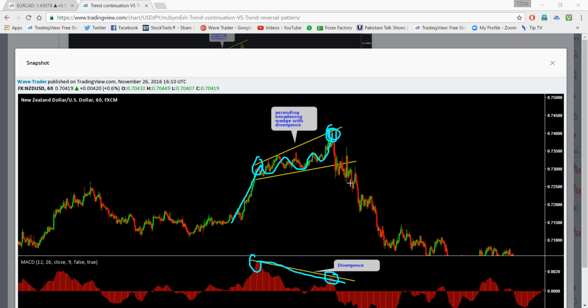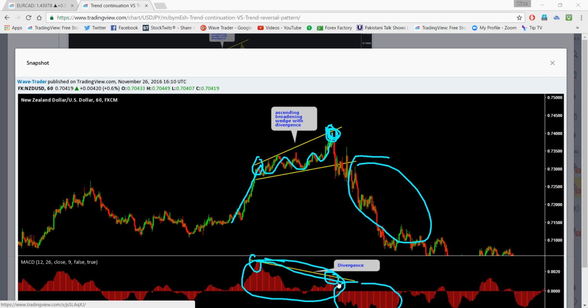So basically MACD is showing that price is going to reverse, and you are looking for this much potential to the downside, and looking to sell here. You can see this kind of behavior on your indicator when you see this pattern.